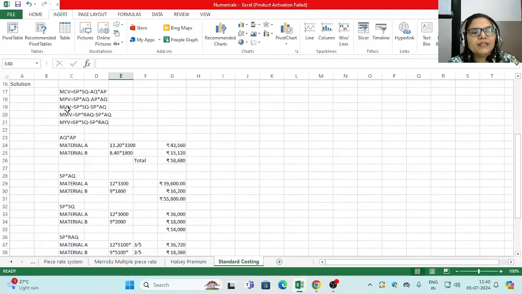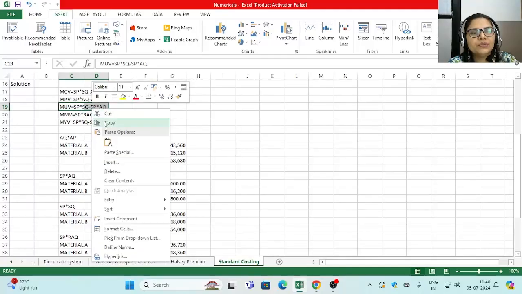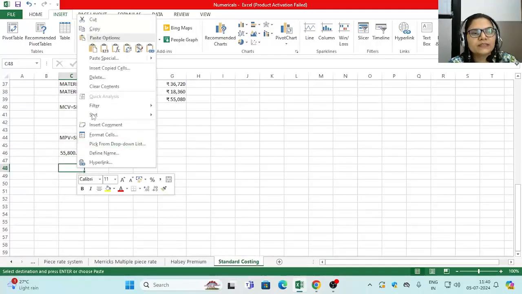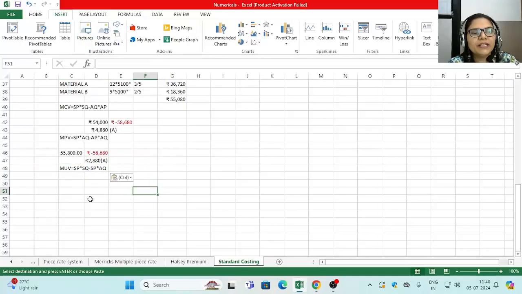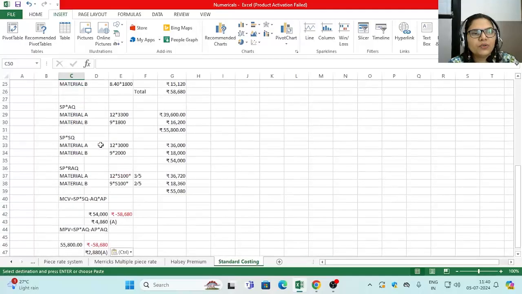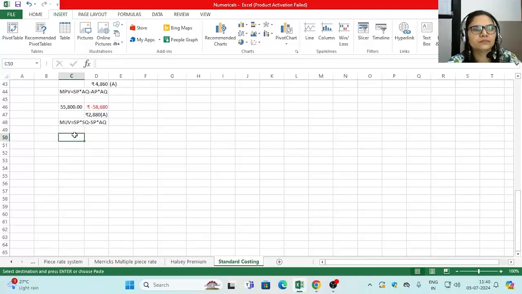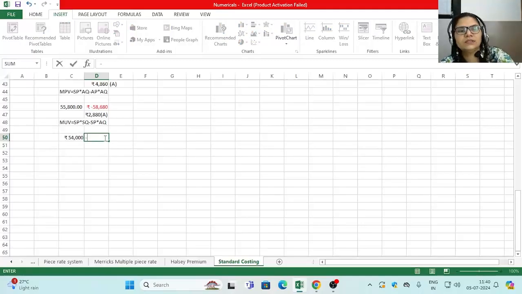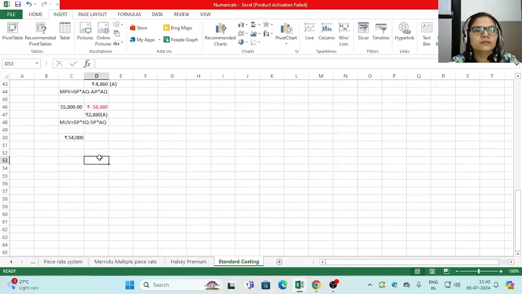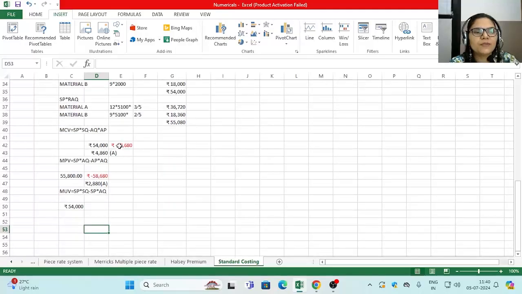Next is material usage variance. Material usage variance, we know the formula is SP into SQ minus SP into AQ. SP into SQ, we have already calculated, it's rupees 54,000. And we have to deduct SP into AQ.